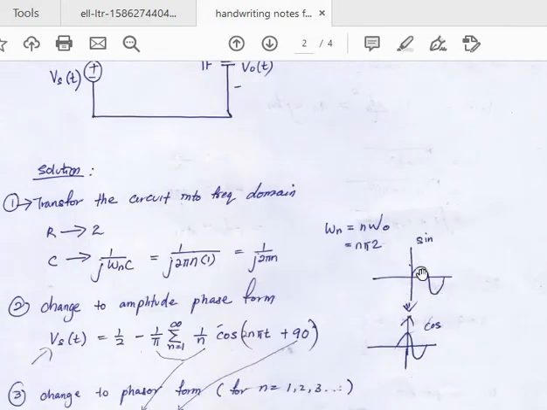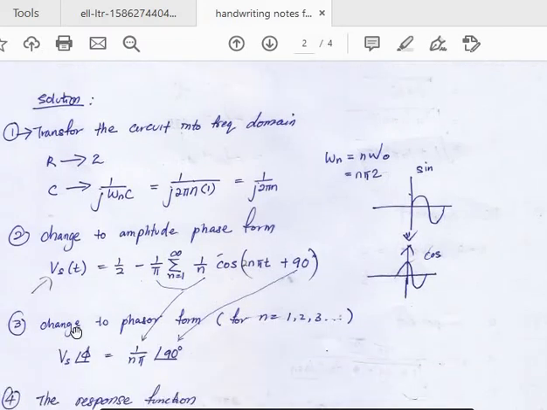Initially you have the waveform of sine, then you change to cos, so you need to add 90 degrees. Therefore, Vs equals a half minus 1 over pi, this one remains, cos 2 n pi t plus 90. So you change the phase.